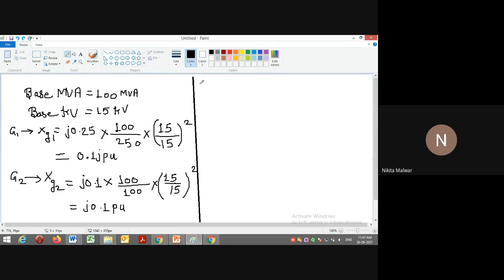For the transmission line, let us denote it by XL1 and XL2. For XL1 and XL2, all the values are common, so we may write XL1 equals XL2. So write down the formula. I am putting the direct values. What is the value in ohm?